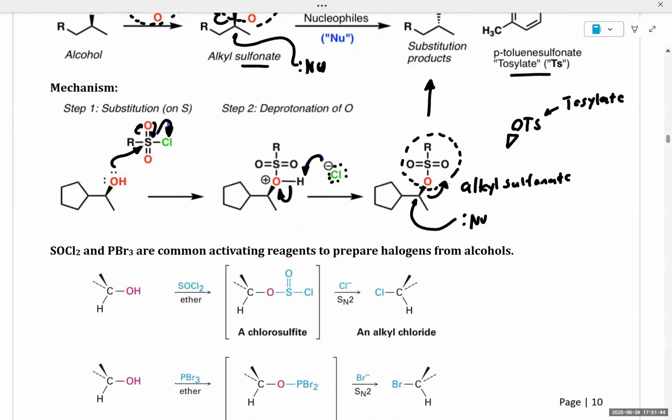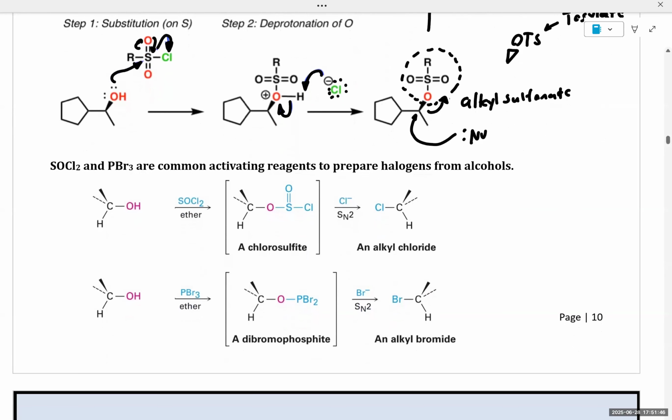Other reagents that are used to activate alcohols are thionyl chloride and phosphorus tribromide. These are common activating reagents to prepare halogens from alcohols. In this case, the alcohol reacts with thionyl chloride and in turn makes a great leaving group that can then be displaced by the chloride anion.